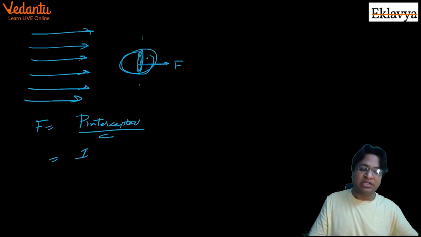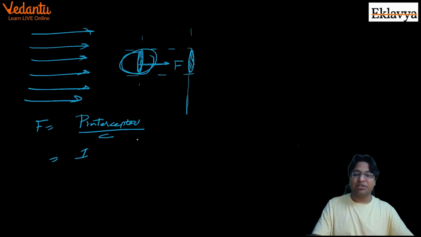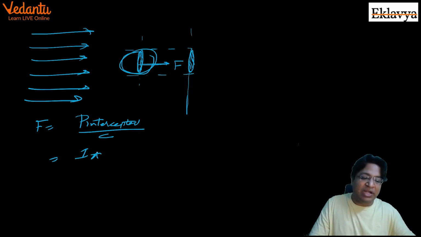Like if there is a wall, there would be a shadow on the wall in the shape of a disc. So the energy of this disc shaped region has been intercepted. So I pi r square by C is the force.